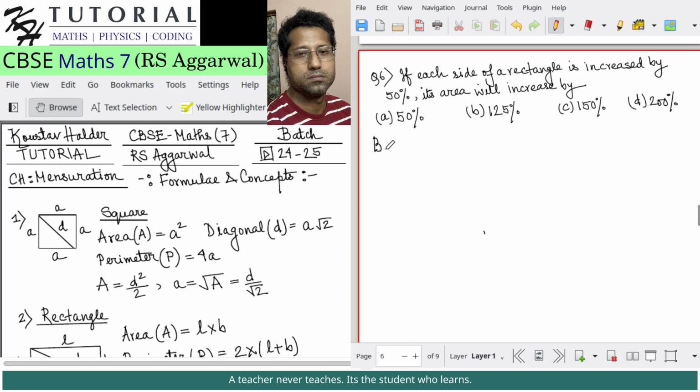Before increase, area is equal to length into breadth, where L is the length and B is the breadth of the rectangle before they were increased. Okay.